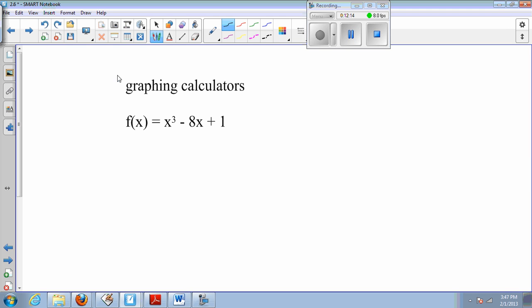If you have a graphing calculator, let's go ahead and look at f of x equals x cubed minus 8x plus 1.